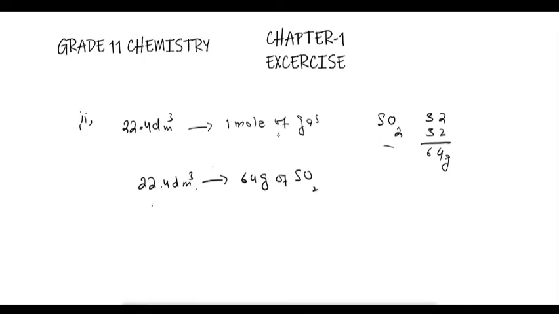But what we have is 500 centimeter cube. So how many grams of sulfur dioxide would be there? So first you have to convert 500 centimeter cube into dm cube, because we need the same units in the question.